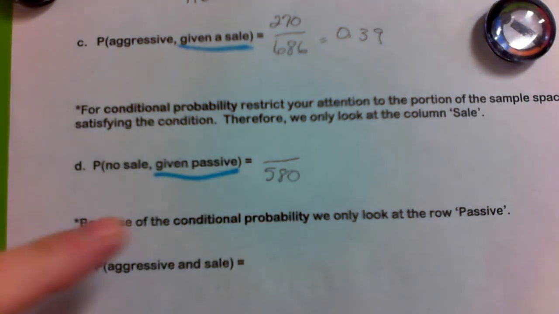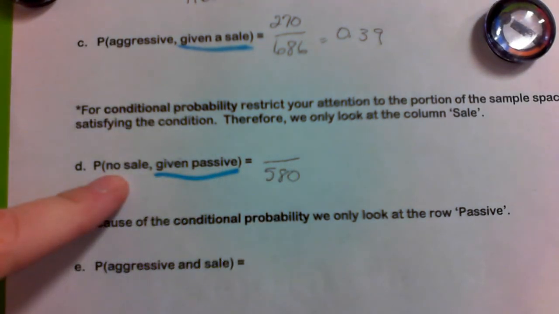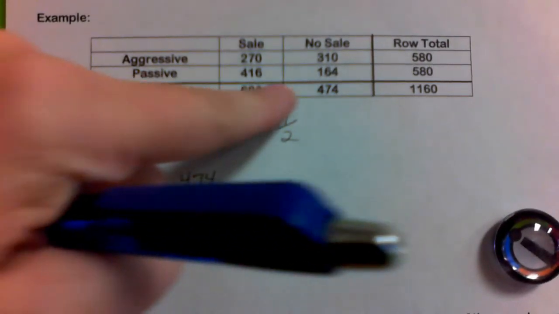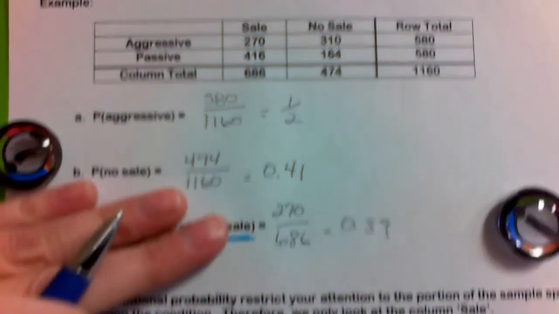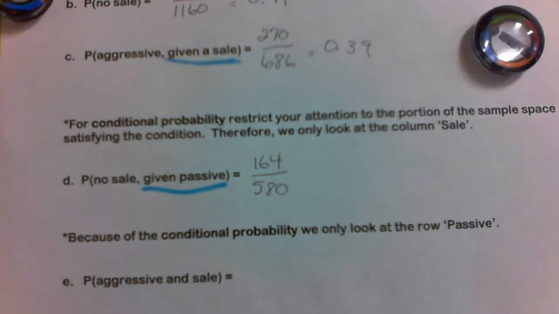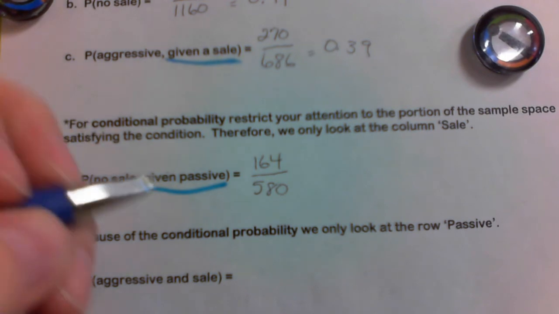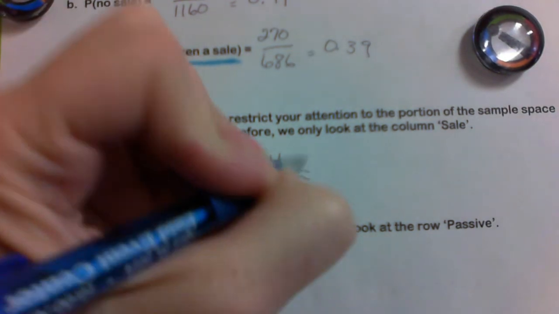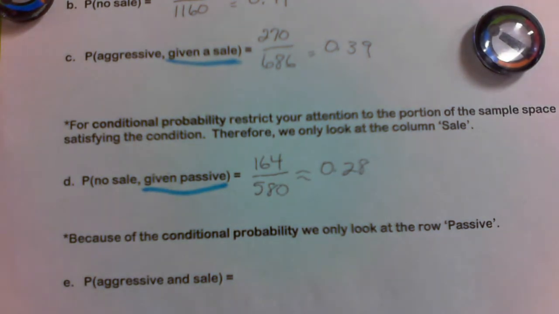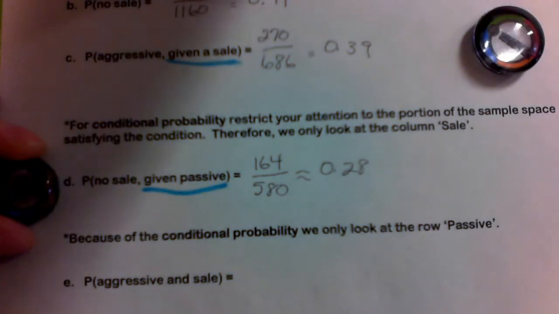So I'm only looking at the passive approach and I want to find the no sale. So passive, no sale would be 164. So this would be 164 over 580, which is approximately 0.28. And you can reduce those fractions. I'm just kind of doing it the lazy man's way.